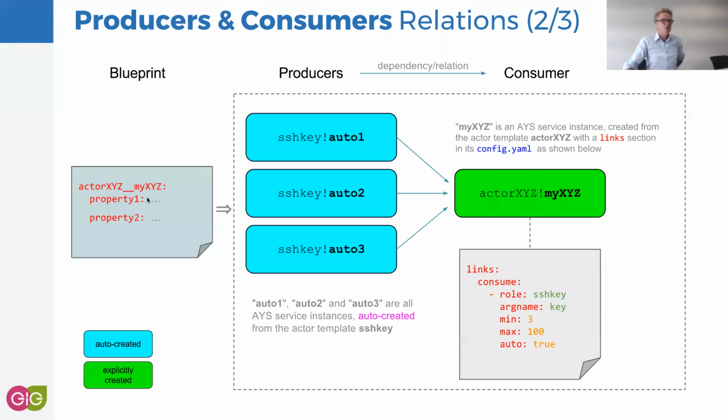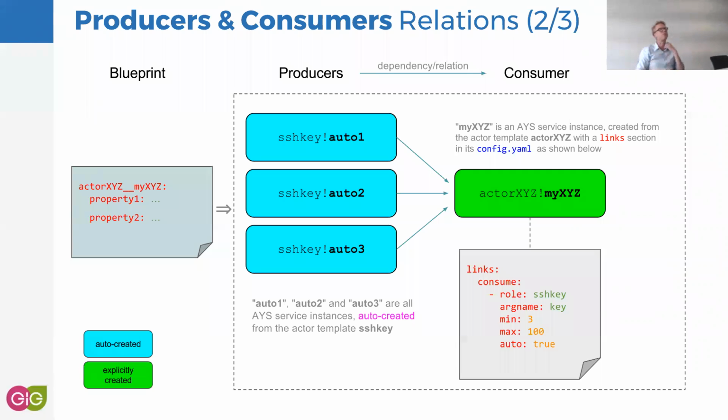But because AYS sees in the definition of the template that it requires the existence of a producer of information, in this case an SSH key, at least 3, and because I'm not specifying any explicitly, it will create them automatically. It doesn't know how to name them, so it will give them whatever name it comes up with, and typically it's something with auto and a number. Don't bother too much with it. That's how it works.